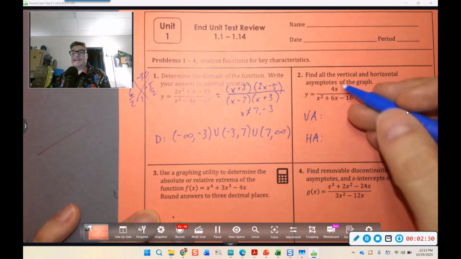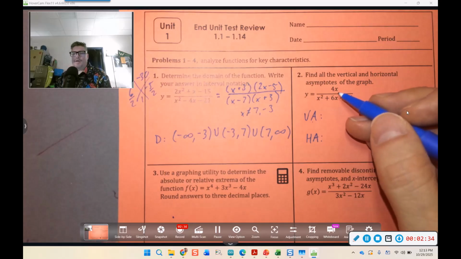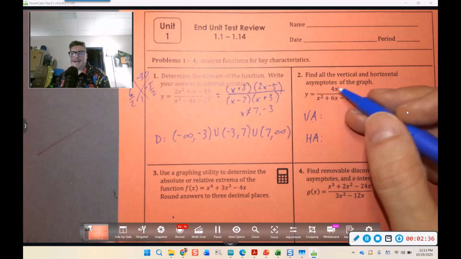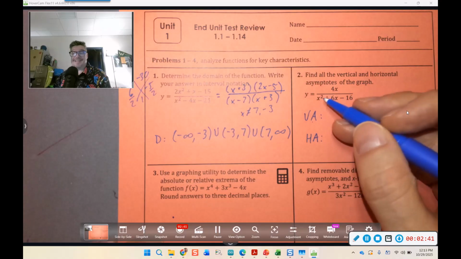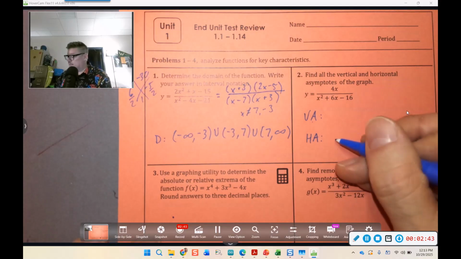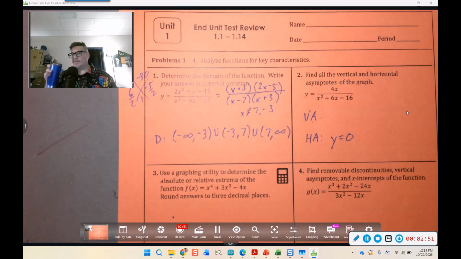Here you can see he has a power of 1 and a power of 2. That is a bottom heavy situation, so the horizontal asymptote has to be y equals 0 as a default. Whenever you're bottom heavy, the horizontal asymptote is always y equals 0.